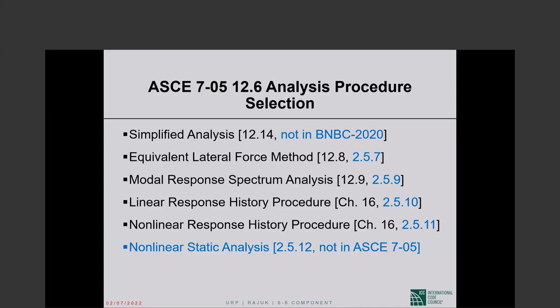But in the latest US codes, in ASCE 7-22, the electronic version has been released. Paper copies are still not available. It will be sometime this month. Be that as it may, in this document, equivalent lateral force procedure will be allowed for basically everything.